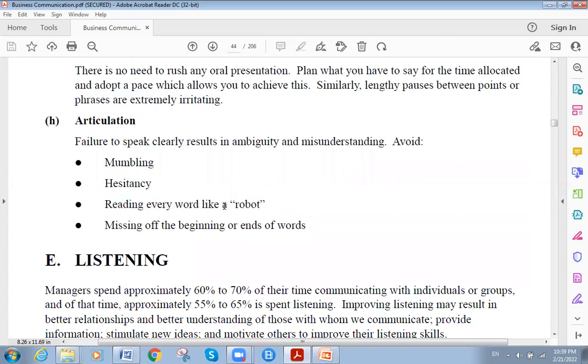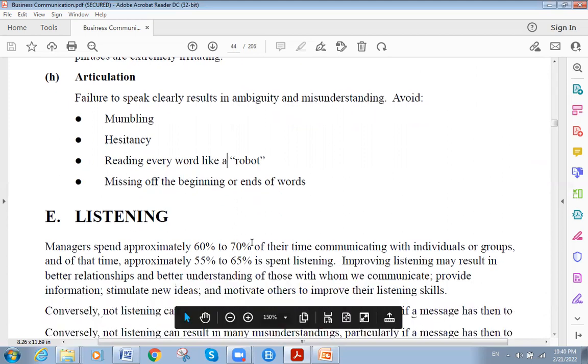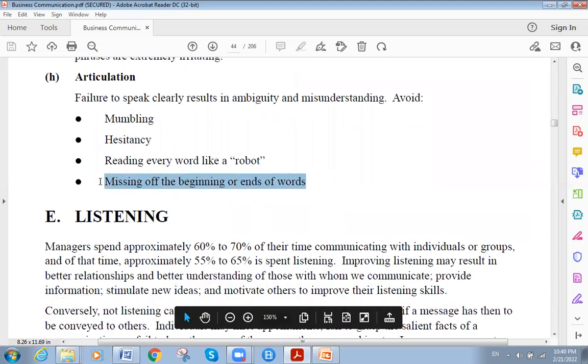There is stress, there is intonation, there is tone of speech. There are things that you have to repeat to show their importance. Have a clear accent or clear way to talk. You must be very slow when other people do not have the same accent. Avoid missing off the beginnings or ends of words also.